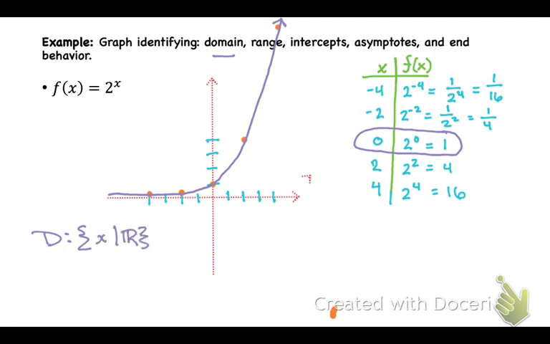No. Next thing is, what's the range? Am I ever going to get to 0? No, but could I be like 1 over a million? Yeah. So y is greater than 0. It can't be equal to, can it? No.